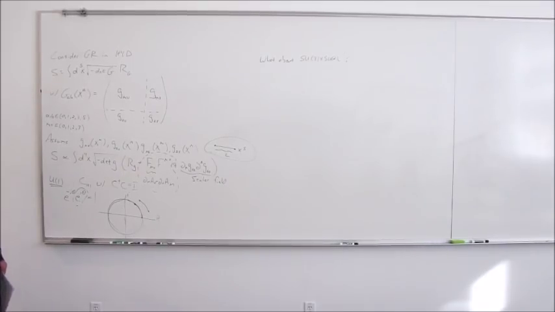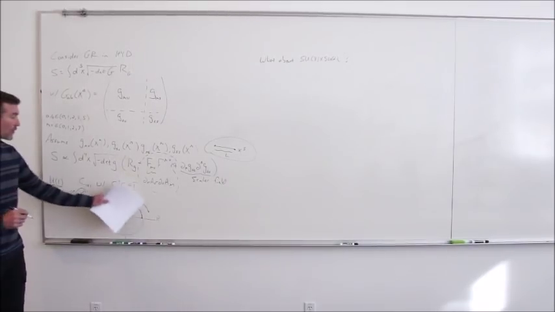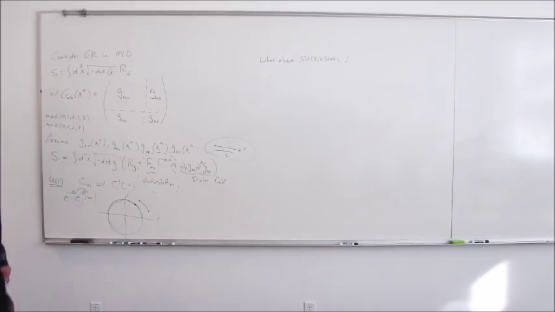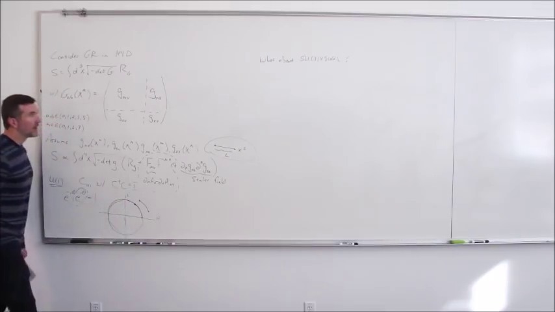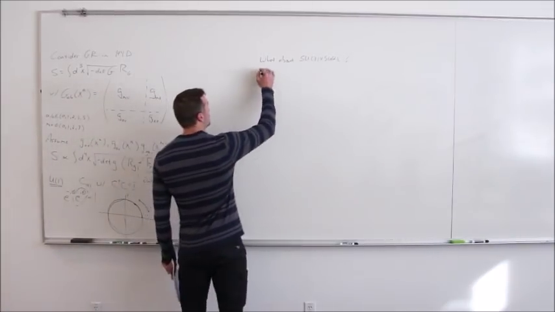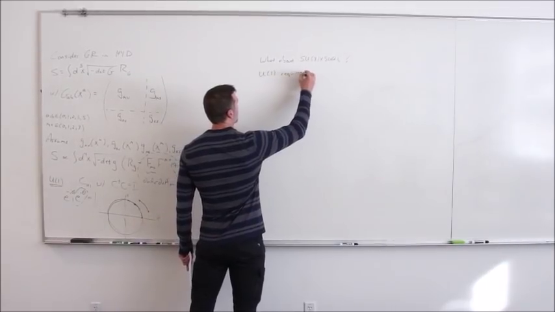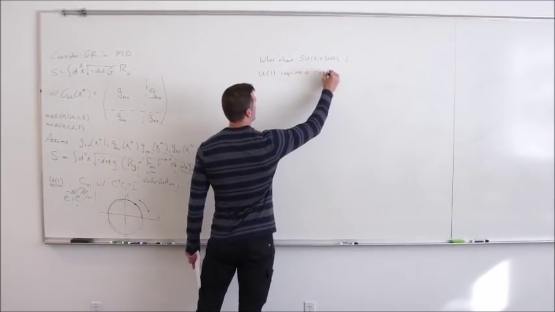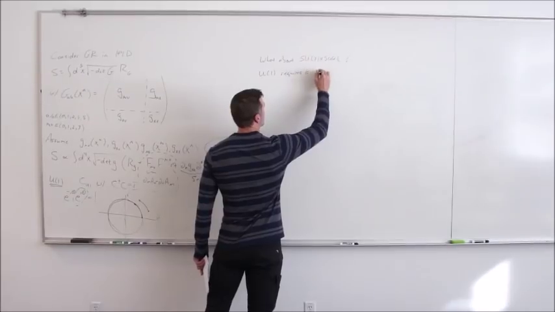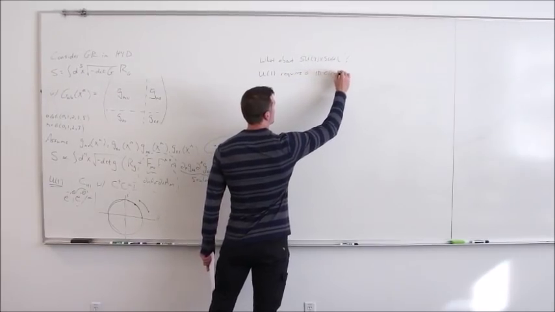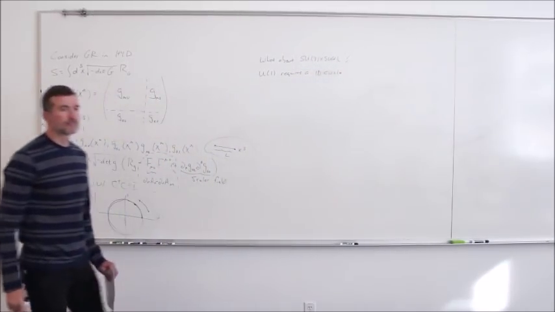Okay? And of course, this is a one-dimensional space. The circle itself is one-dimensional. We're looking at it drawn in 2 dimensions, but we only care about the circle itself. So the bottom line is U1 requires a circle, which is also called a 1D sphere.